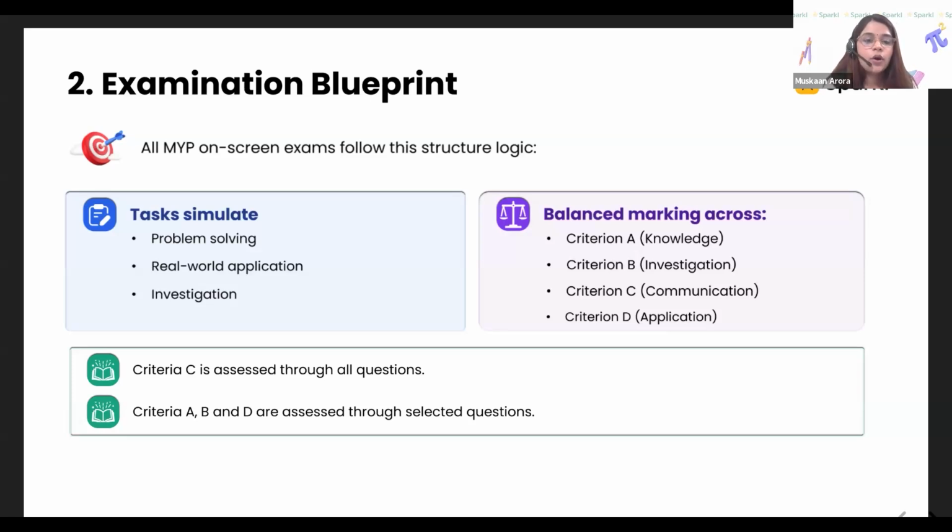If someone is preparing for the on-screen exam, must they focus too much on stats and probability as a scoring section? I think we do have a specific portion for stats, but at the same time, the on-screen exam is very unpredictable. It doesn't have trends and patterns like many other international exams do. So I would suggest to obviously go through stats and probability in a nice manner, but do not assume that it's going to be a sail-through for you.